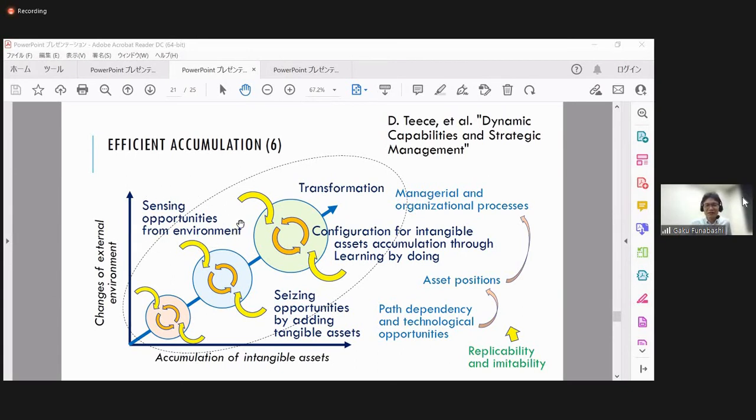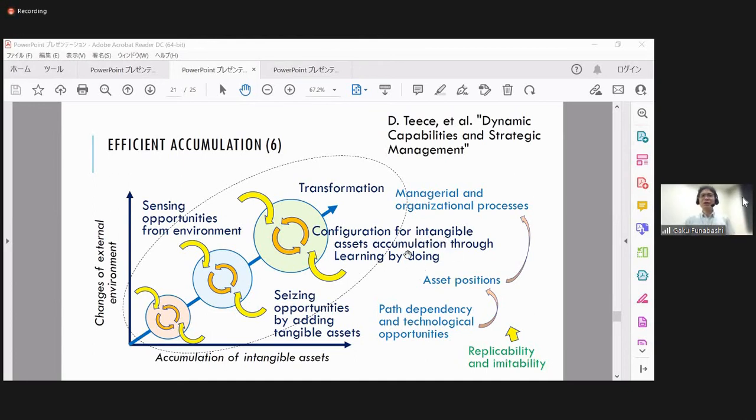First, it is necessary to understand the changes of the external environment, also adding more tangible assets by investing in tangible assets. Also need to accumulate intangible assets through learning by doing.